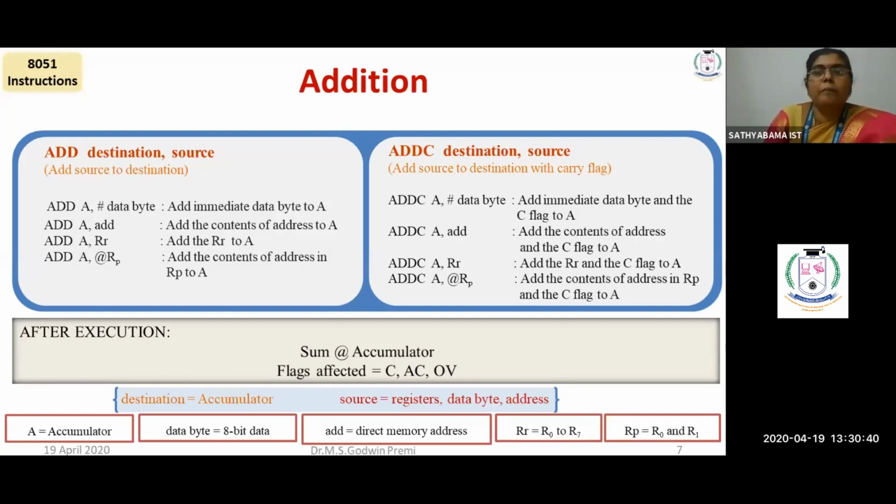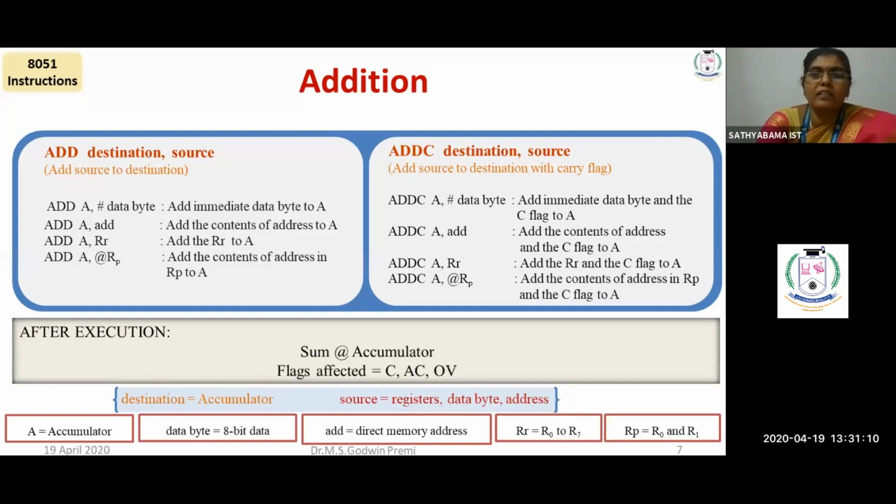What is the meaning of pointing register here? The pointing register is shown as @Ri, which is nothing but R0 or R1. No other register can act as a pointing register. Only R0 and R1 can.